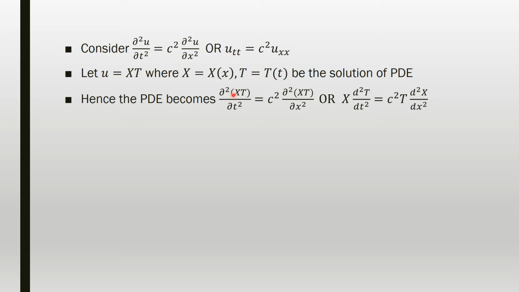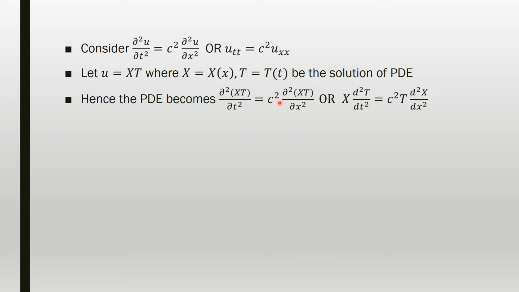That means we can write X ∂²T/∂t². Also, since this partial derivative term has only one independent variable t, it is equivalent to write an ordinary derivative. So ∂²T/∂t² in the next step we will replace by d²T/dt², because we have only one independent variable.